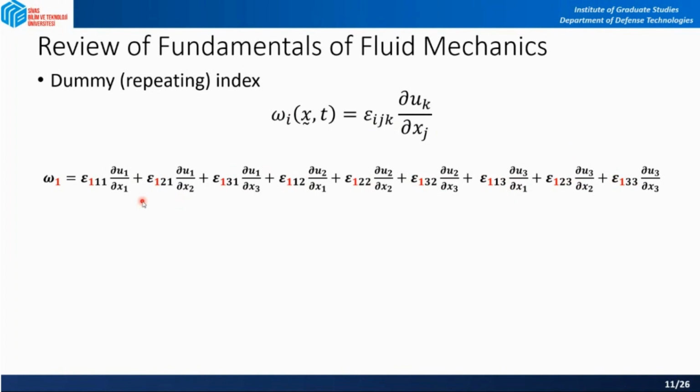Did you understand what is the story behind j and k? Whenever you have a dummy repeating index, j and k, you have to do the summation on these two.